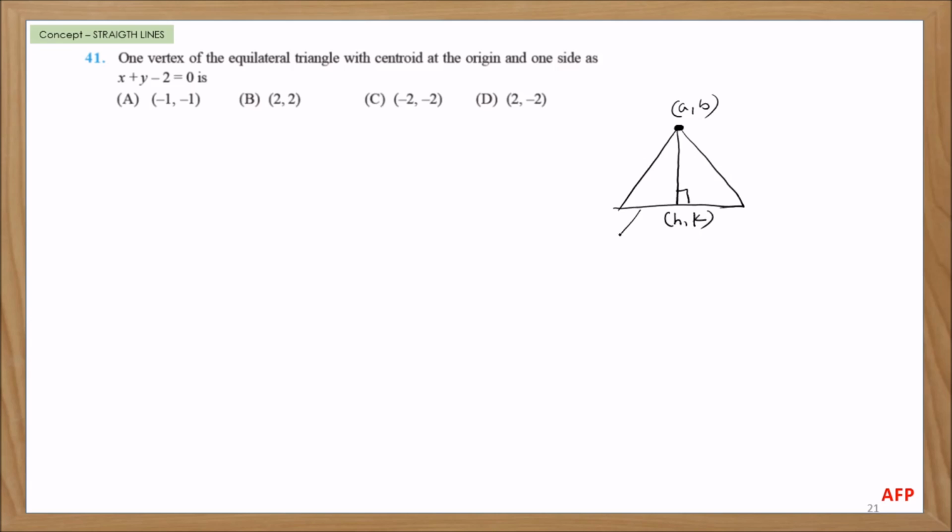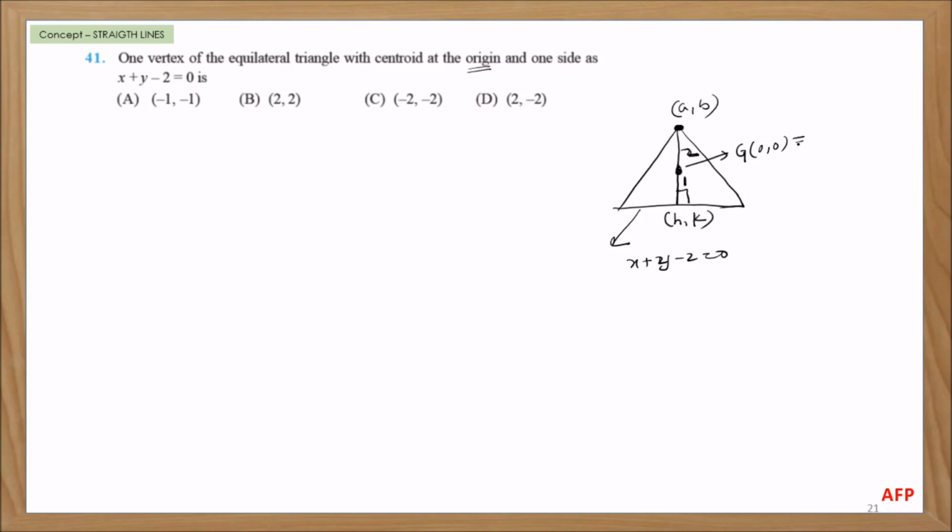This line they have given is x plus y minus 2 is equal to 0, and the centroid is given as G, which is nothing but 0, 0, the origin. Okay, so the ratio will be 1:2.